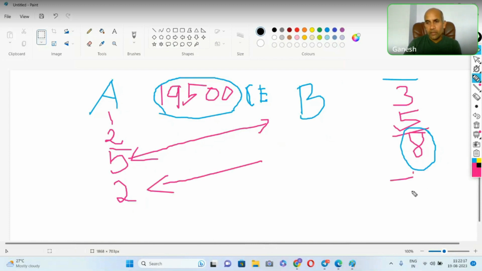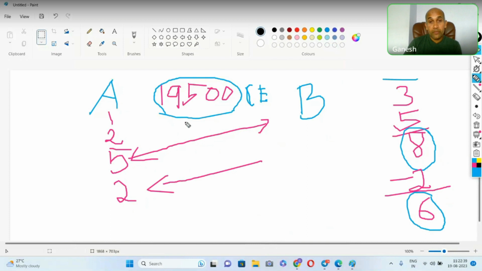Minus 2, right? 2 are squared off, this is closed. So what is the total open interest? Open interest comes to 6. Earlier it was 8, now open interest is 6. That's it. This is the funda about open interest.